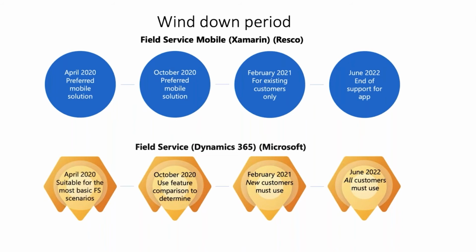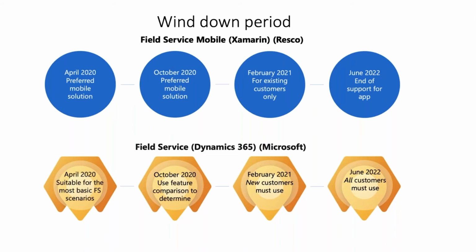So until mid last year, it was the preferred solution, the one from Resco, the Xamarin application, all the way until earlier this year. It's the default application for all the Microsoft Dynamics Field Service customers. As of now, most of the customers that are already using the Xamarin application are fully supported, are fully covered, and most of them we're trying to talk to or collect some feedback, and we hear that lots of them are very happy and satisfied customers because the solution works.